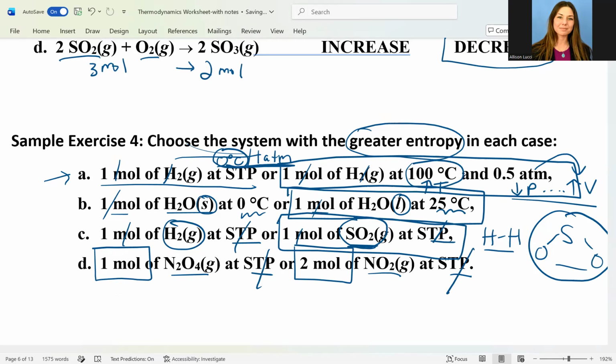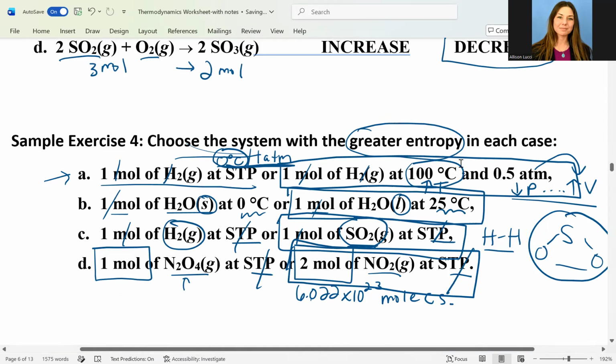So you have 2 more bonds maybe on this side, but you have 6.022 times 10 to the 23rd more molecules over here. So overall, again, the right-hand side will have a higher entropy than the left-hand side. So we'll continue next time with the next topics.